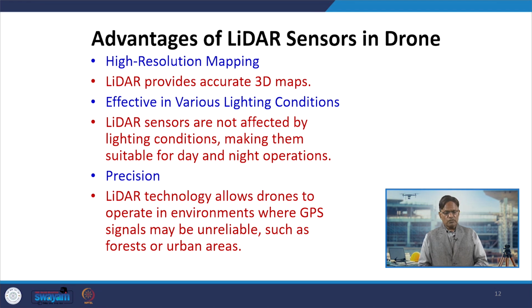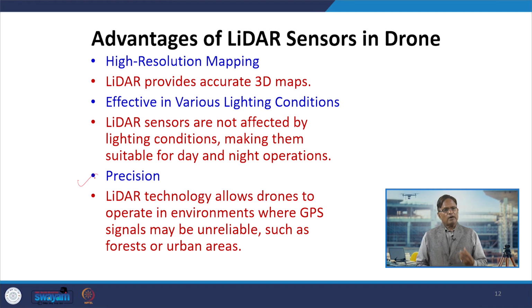Now there are obvious advantages of using the LiDAR sensor in a drone because we are getting very high resolution data from the LiDAR. We get very accurate 3D maps which from any other technique is impossible. They are very effective in varying light conditions. So if the lighting conditions are poor, then the LiDAR sensor is unaffected.